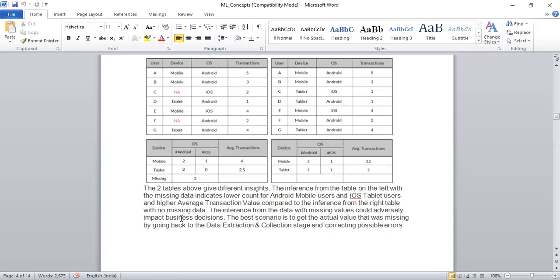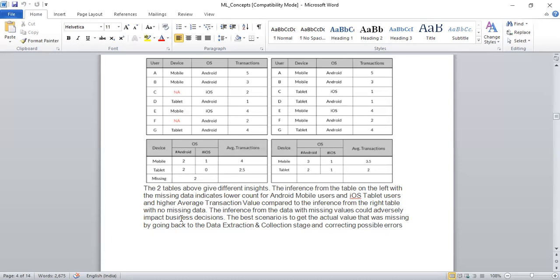For all the mobile transactions, that is 5 plus 3 plus 4, divided by the total number of mobiles. Here mobile device has appeared 3 times, so 5 plus 3 plus 4 by 3, that is 4. And this is 2.5 because tablet appears twice and the corresponding transactions are 1 and 4, so 4 plus 1 by 2, 2.5. Now come to the right hand table.